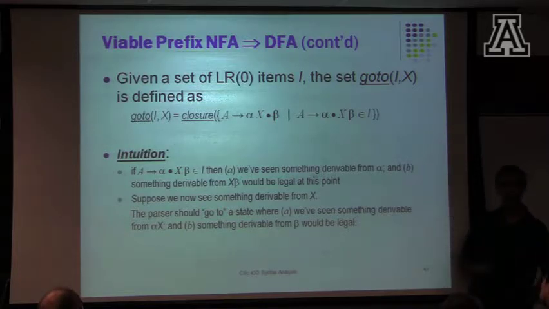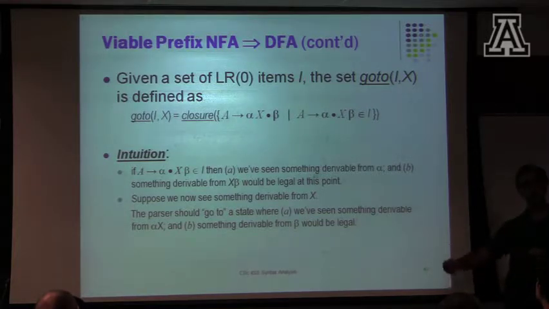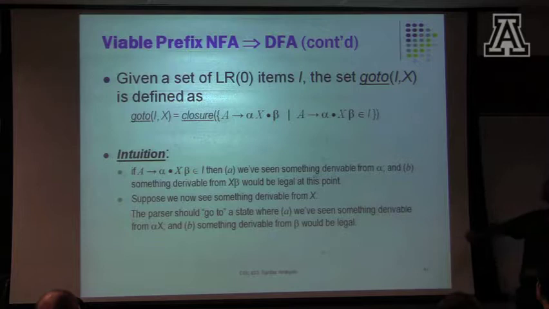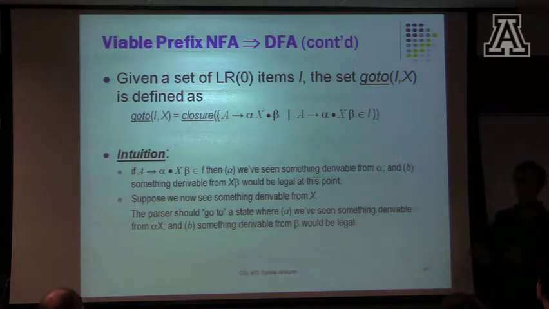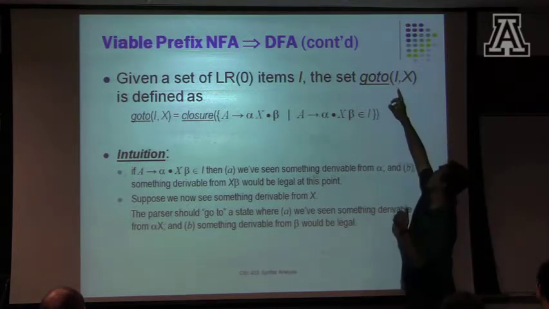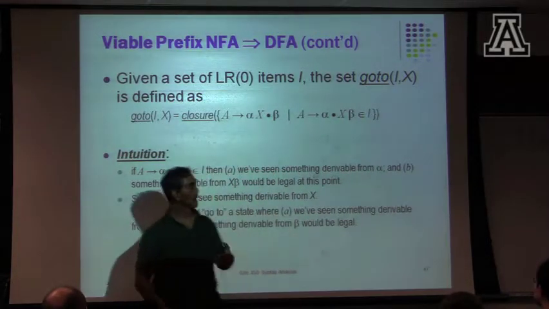If X is a non-terminal, what it means is that the parser has found some sequence of tokens that could have been derived from X. So I have seen an expression, a function, a statement. It's in this state I, it sees X. What state is the next state?